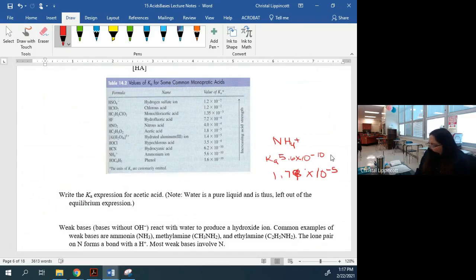Okay. The Ka for the acetate is here. That's 1.8 times 10 to the minus 5. So the Ka is bigger than the Kb for this one. So that means that it would be an acidic salt. That makes sense?